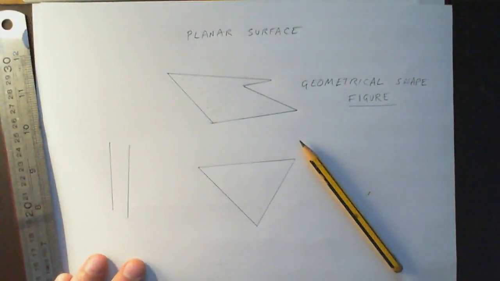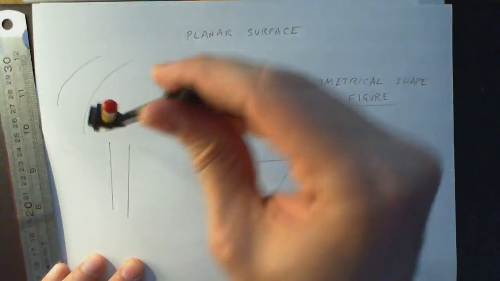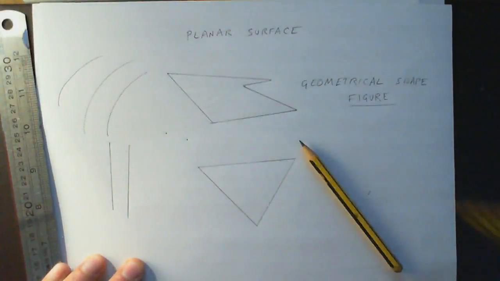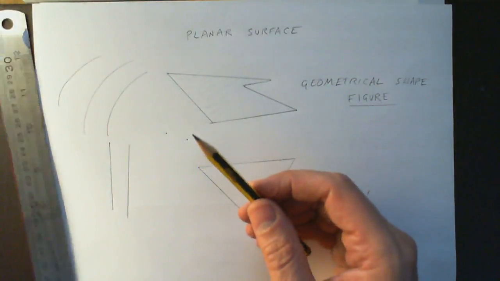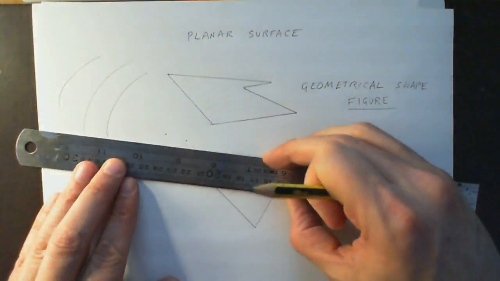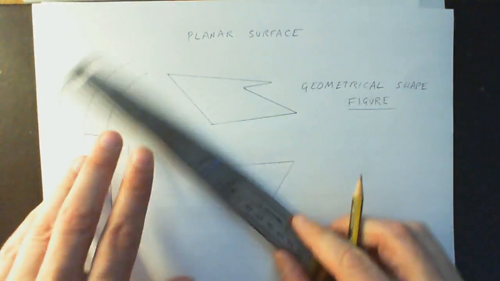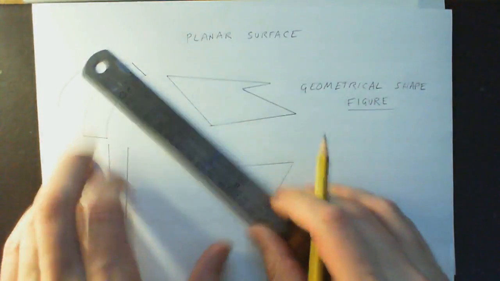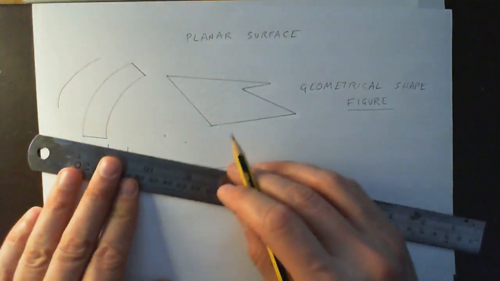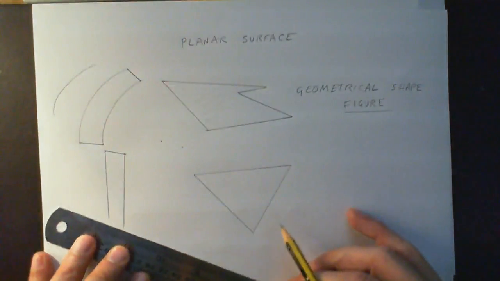And if I do a line here, a line here, and another line here, I also don't have a figure, because it's not closed in. I can only get a figure if I enclose it completely. For example, here, and now I have a figure, and here I can close it up, and I now have a geometrical figure.